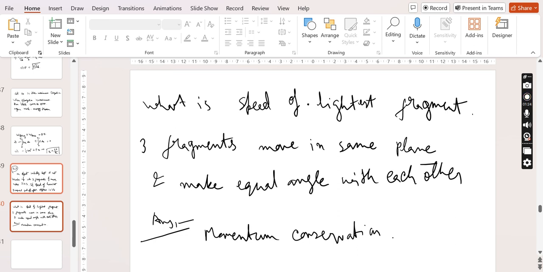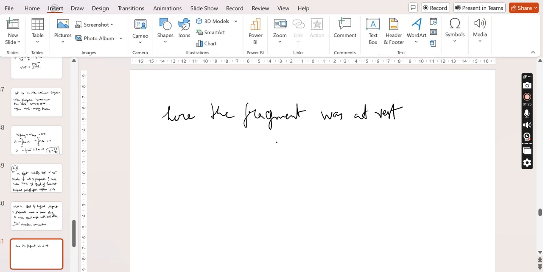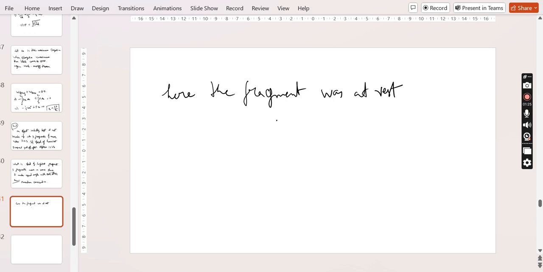All these examples boil down to one thing: you need to draw the diagram and see what forces are working on the system. So basically the object was at rest.